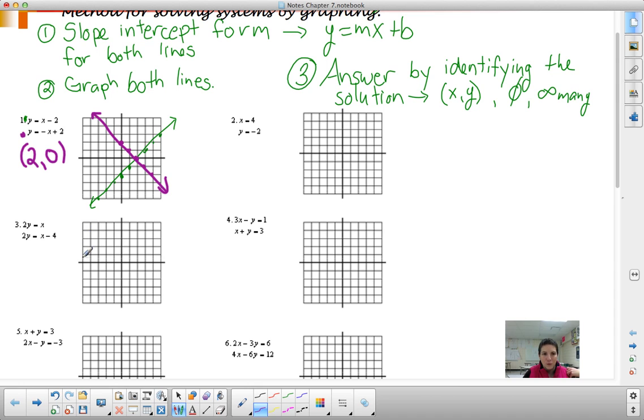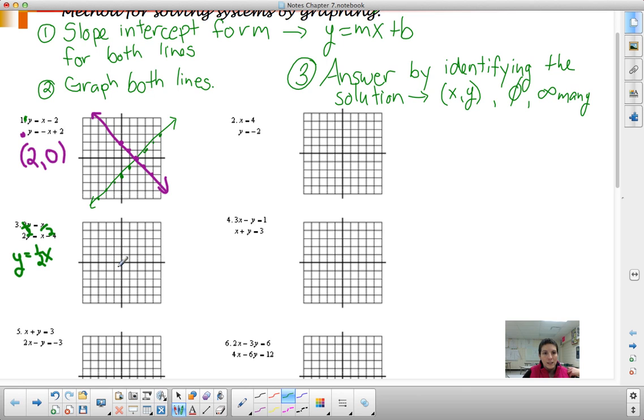Let's work through number 3 together as well. Let's switch back to my green marker here. I put my first line in green. First thing we check for is, is it in slope-intercept form? And it's not. So let's do some work to put it into slope-intercept form. For that first line, to get y all alone, I need to divide both sides by 2, so that I get 1y. So y is equal to 1/2 x.